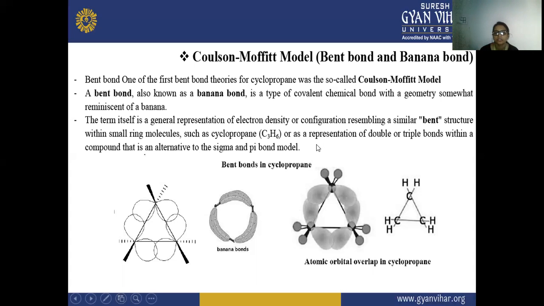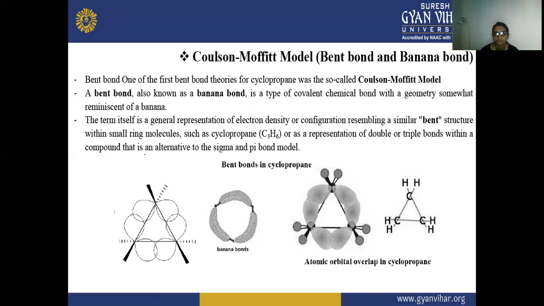The term itself is a general representation of electron density or configuration resembling a similar bent structure within small ring molecules such as cyclopropane, as a representation of double or triple bonds within a compound, an alternative to the sigma and pi bond model.